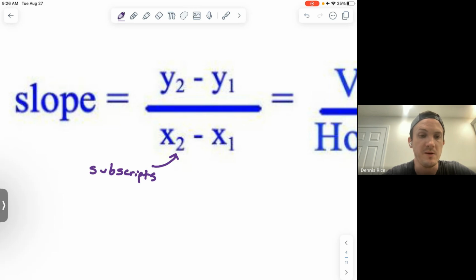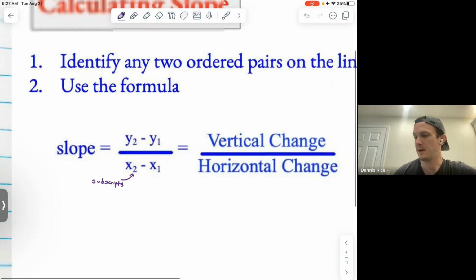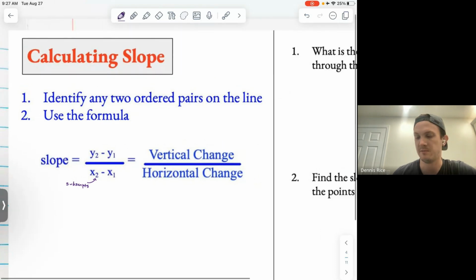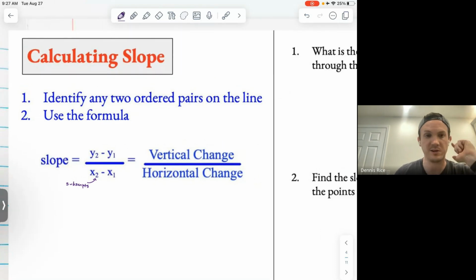It's like when you make a copy of something on your desktop and you don't change the name and it just adds a 1 after it, and then it adds a 2 and adds a 3. It's the same idea. So it's just a naming capacity. Okay. And like I said, it's the slope formula. I'll show you how I like to do these problems. I always find that the slope formula, especially for people that are new at it, can be a little confusing, can be a little tricky. So it's nice to have another approach, another way of looking at it.